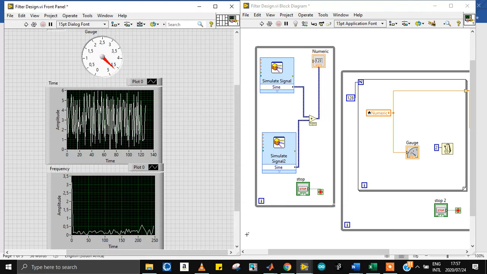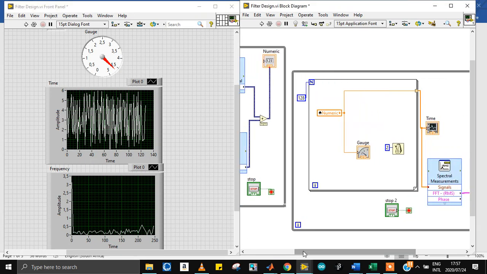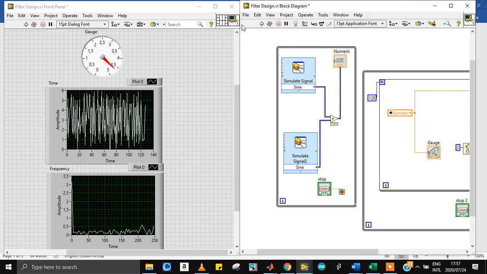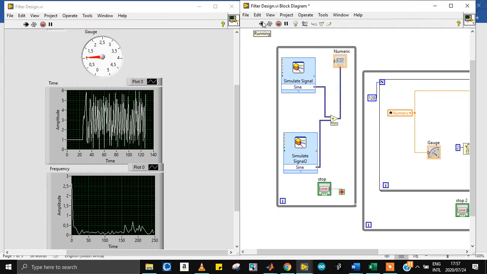This is a block diagram of the two signals combined, and they're added to get the numeric output, just to indicate the values, and we'll be showing the graph of the output and the frequency spectrum of these two signals. This will be the while loop, having a for loop inside that will control the number of samples that will be transferred into our signal input. And we're just going to run this to show you the output.